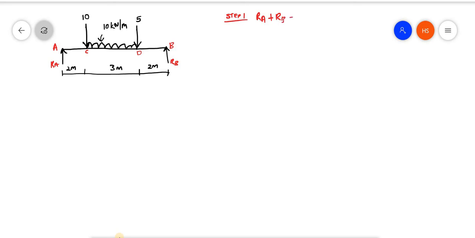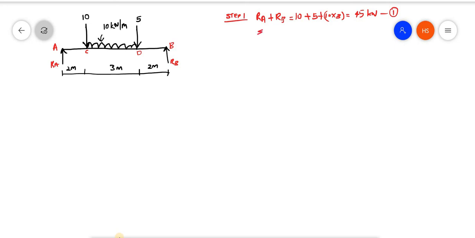RA plus RB is equal to the downward loads: 10 plus 5, and a UDL is also there. The load due to UDL is 10 into 3. So the total load will be 15 plus 30, that is 45. This is our first equation: RA plus RB is equal to 45.